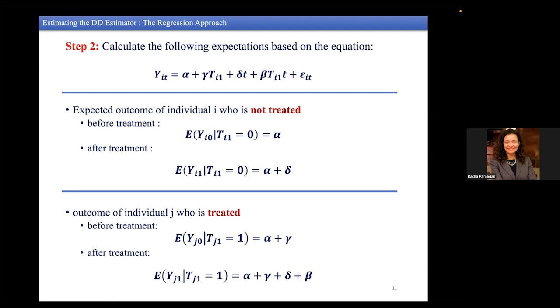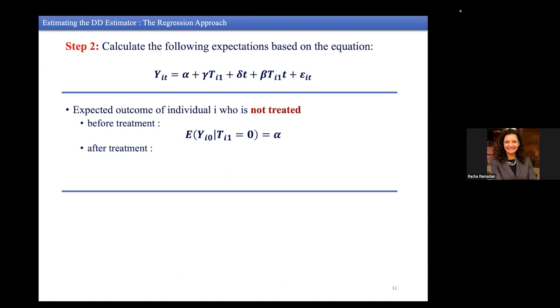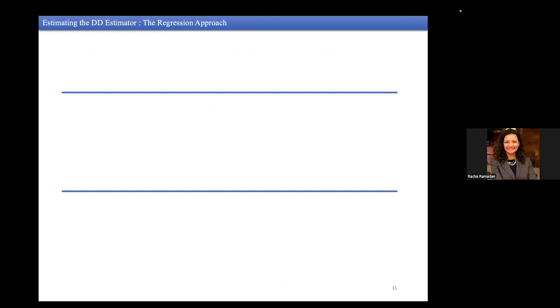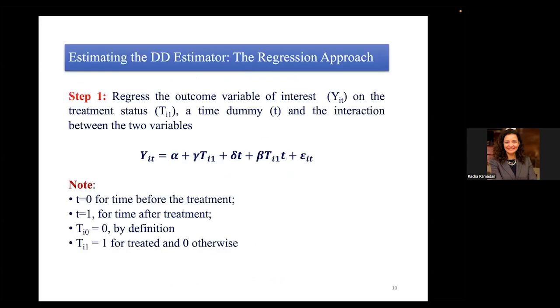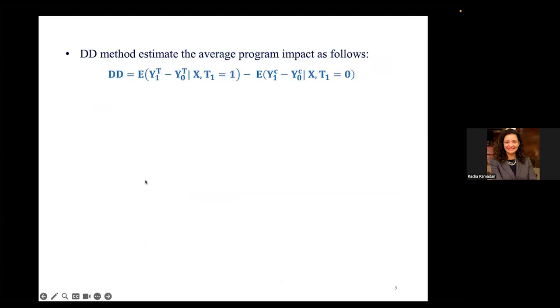So now if I ask you to implement the difference in difference method, as we mentioned, it is simply equal to the difference in the expected value of the outcome of the individual treated before and after, minus the expected value of the income of the control group before and after.